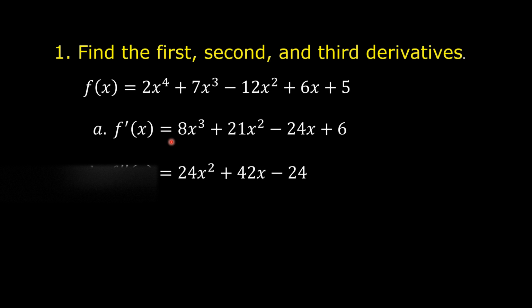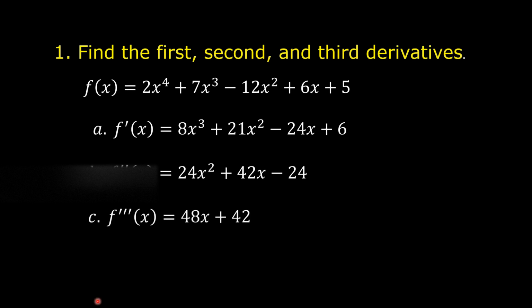Using the power rule for derivatives, we get f double prime of x is equal to 24x squared plus 42x minus 24. The derivative of 6 being constant is 0.